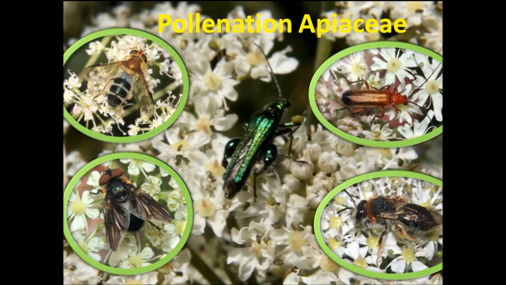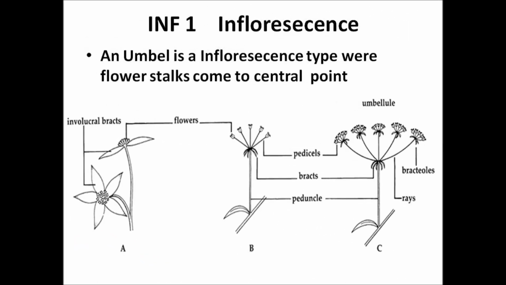Turning now to the defining characteristic of this plant family, namely the umbel, an umbel being an inflorescence type where the stalks come to a central point. In order to achieve such aggregations, umbels can either be simple or compound.